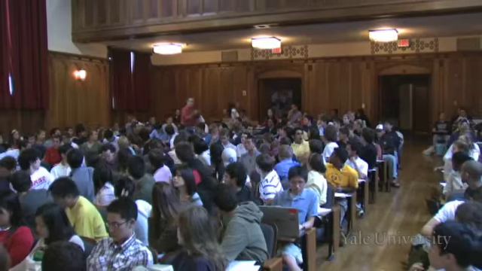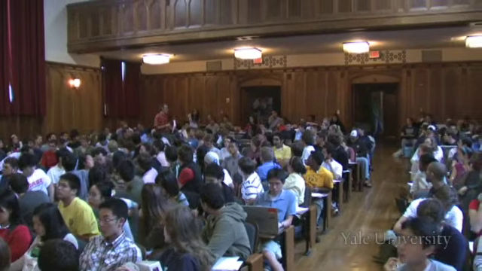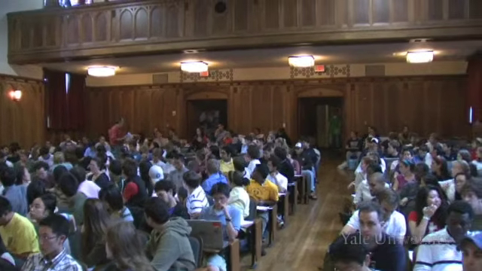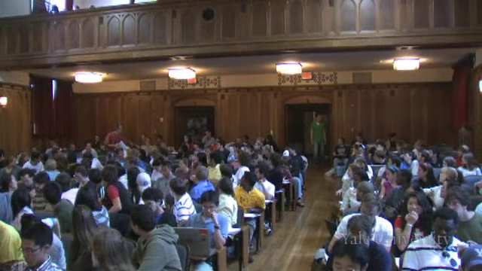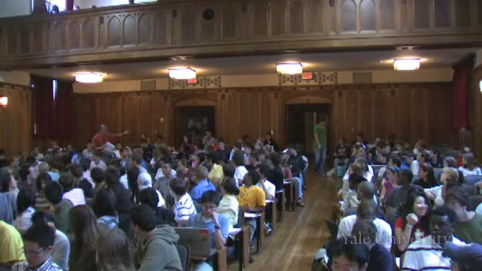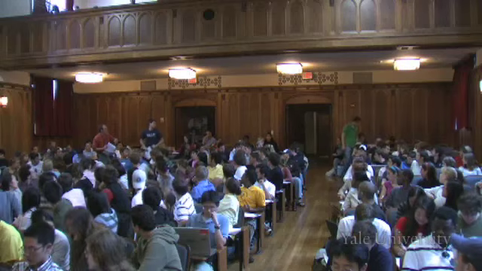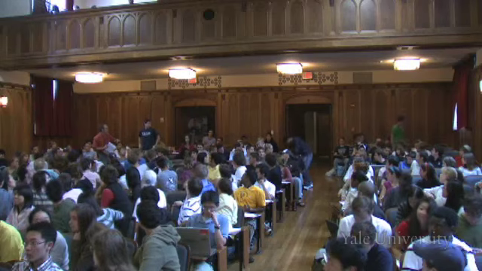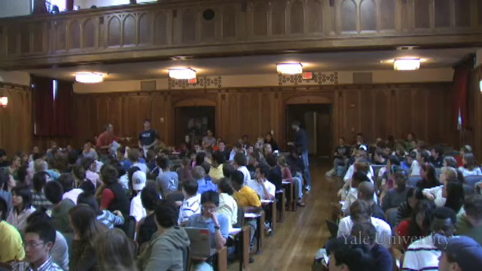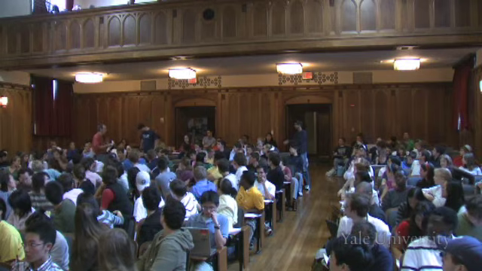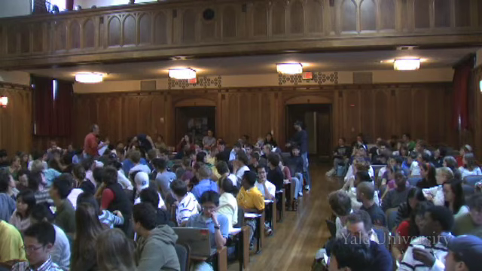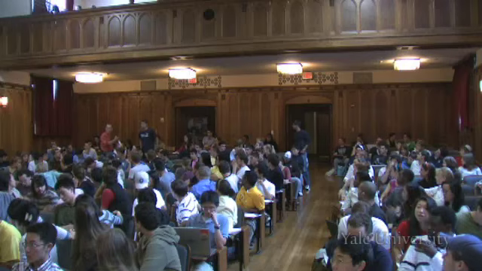Let's try and illustrate some equilibria we saw last time. In particular, if I can get the guy in the blue Yale shirt to stand up a second, and the guy with his computer to stand up a second, sorry. Let's assume all the seats are filled for now, just to help me out a little bit, since I'm doing this on the fly. I'm going to claim this is an equilibrium.